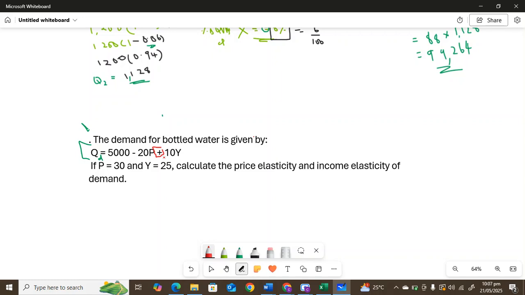If income goes up, yes. And vice versa, right?